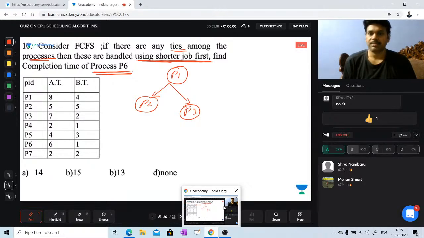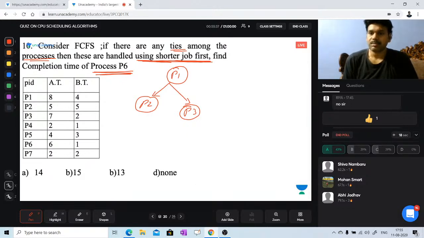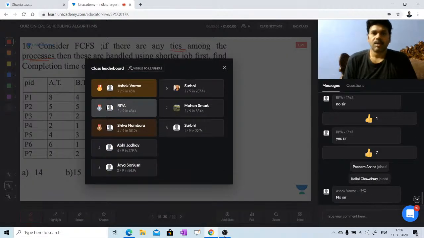Very good. Shiva, Mohan, good work. Abhi Jadhav, very nice.